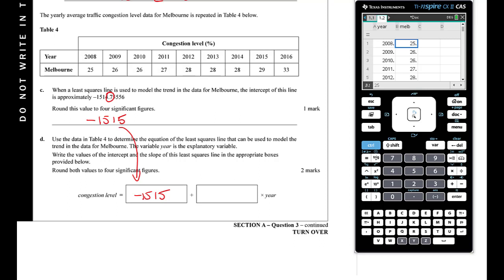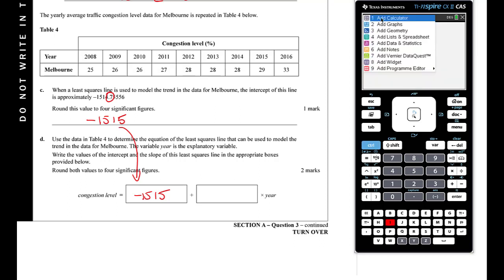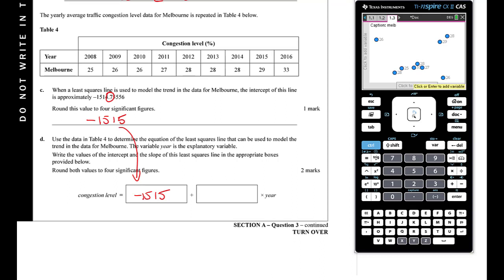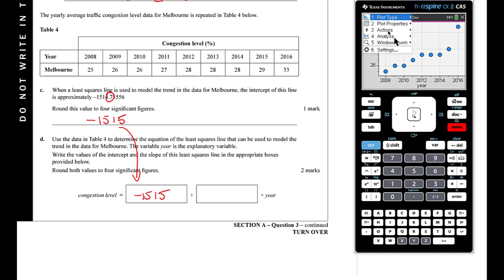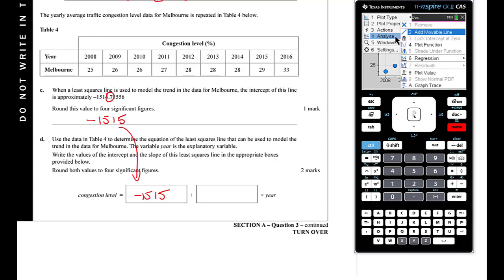So let's now go Control I. That'll bring up this. We want to go Data and Stats. We need to click Add Variable, and I'm going to make that year for here. I'm going to make this one Melbourne. Okay, that looks like the data we've got so far. And now we want to analyze.